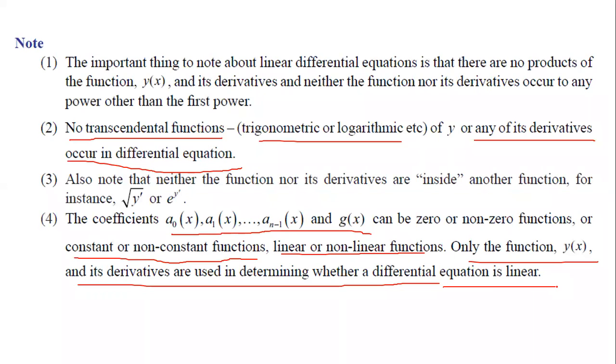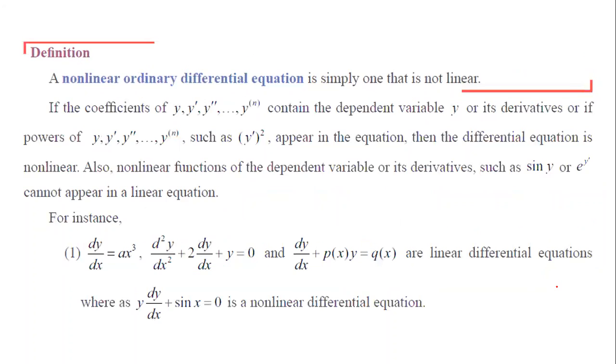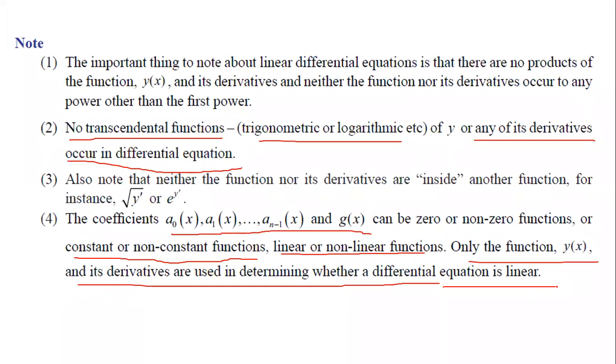I will explain clearly what is called linear and non-linear in the next class, when it is said to be linear, when non-linear, how to solve the linear differential equation and the non-linear differential equation. Everything I will explain in the next class.